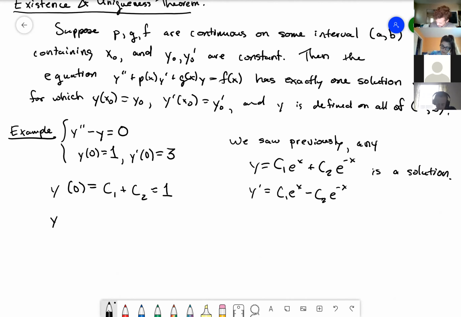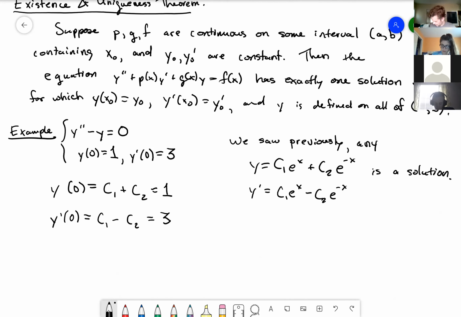Y prime of 0, plugging in 0, we get c1 minus c2. This is equal to 3.